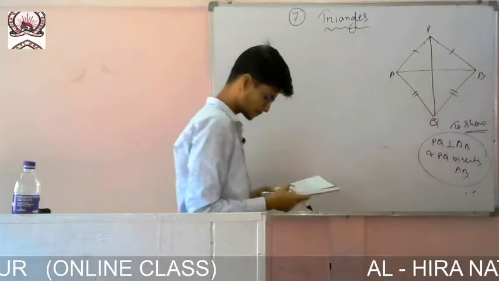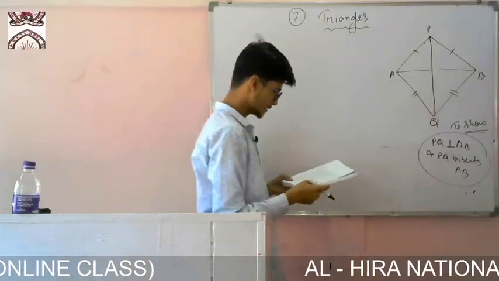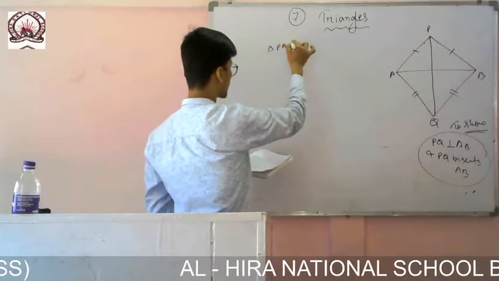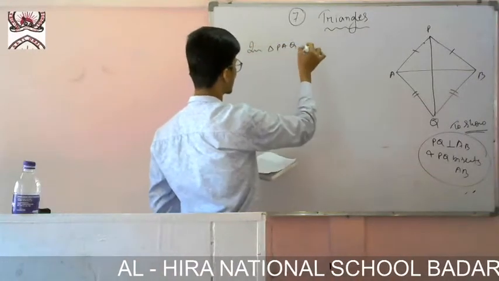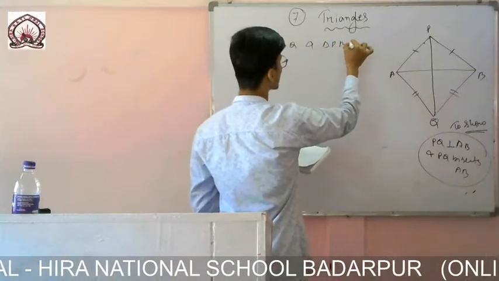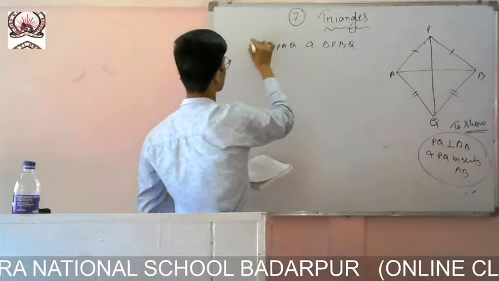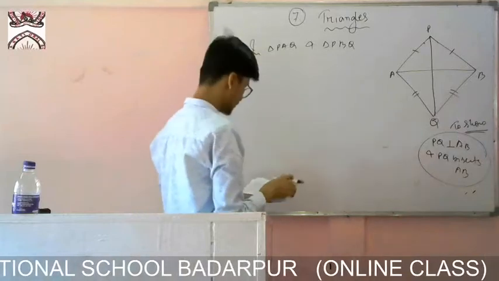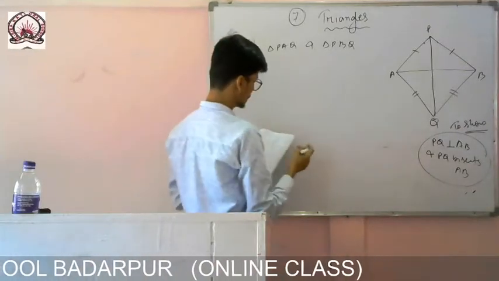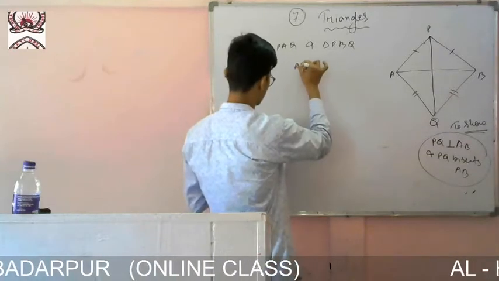Okay. So now what is given here? They have taken triangle PAQ and triangle PBQ. In triangle PAQ and triangle PBQ, what they have done? They have written AP is equals to BP.